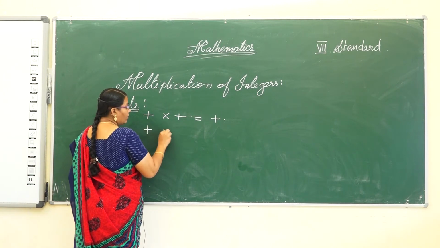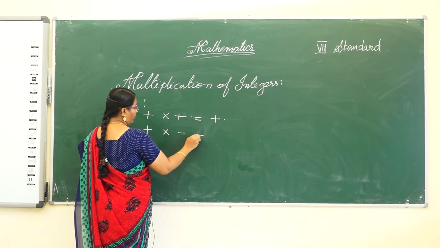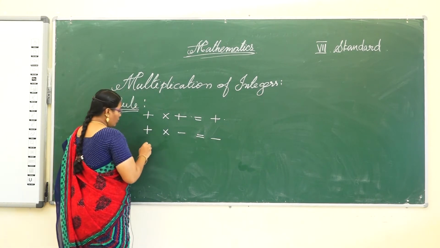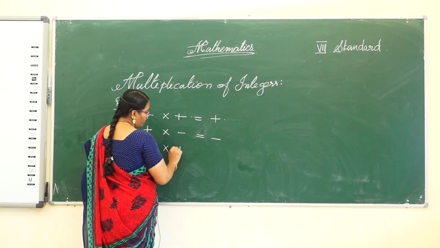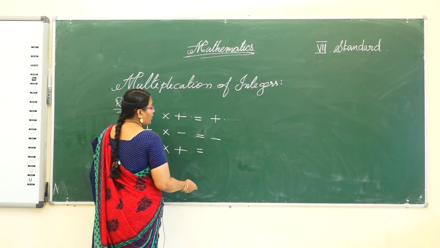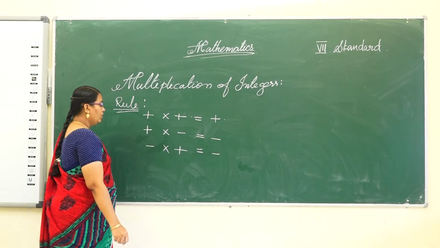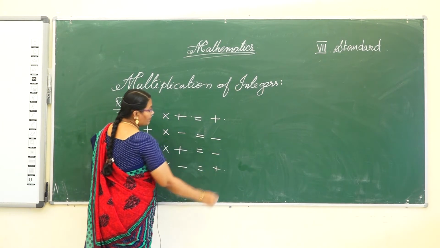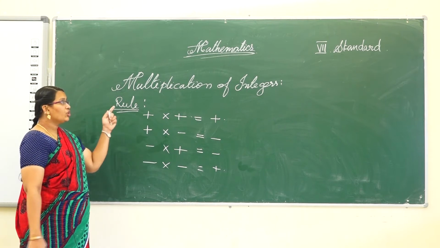One positive and one negative number multiplied, we get a negative value. One negative and one positive value multiplied, we get a negative value. Two negative values multiplied, we get a positive value. That is the rule for the multiplication of integers.